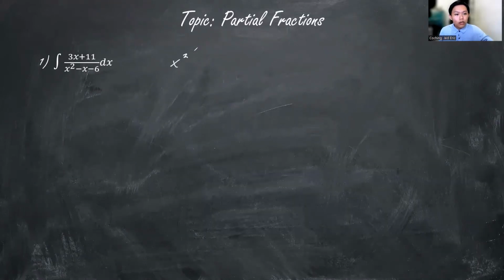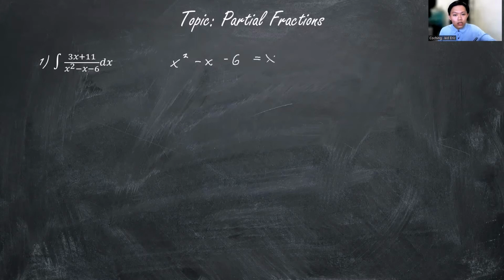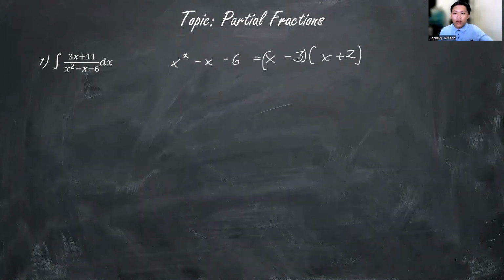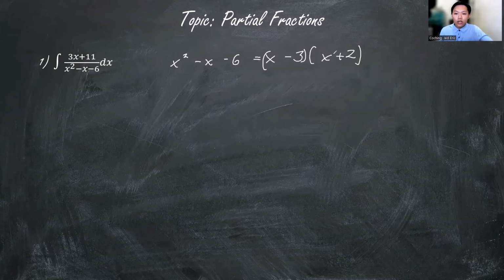x squared minus x minus 6 is just equal to x minus 3 times x plus 2. As you can see, x times x is x squared, x times negative 3 is negative 3x, plus 2x is equal to negative x, and negative 3 times 2 is equal to negative 6.